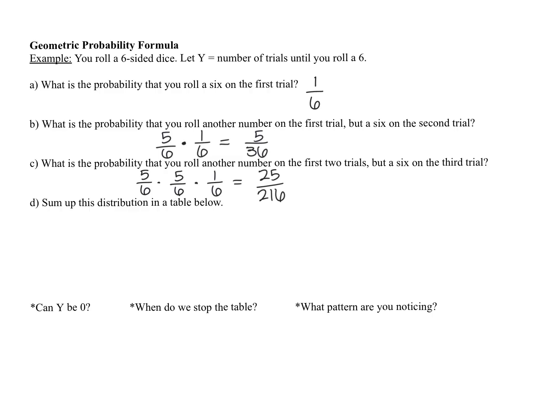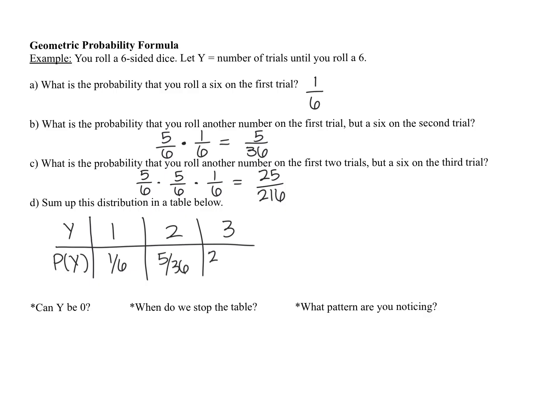So if I were to sum this up in a table, we have Y and the probability of Y. So we had 1, 2, and 3. We could keep going, but 1 was 1/6, then we had 5/36, then we have 25 over 216.